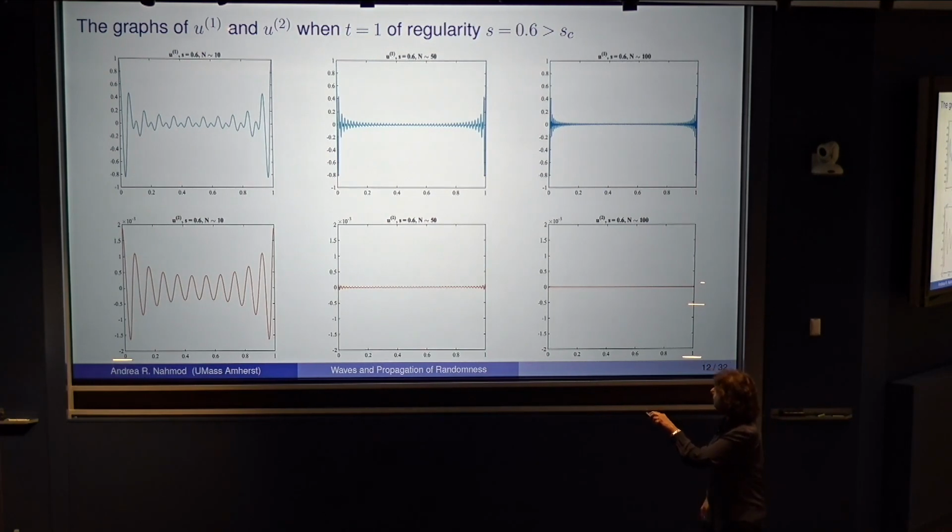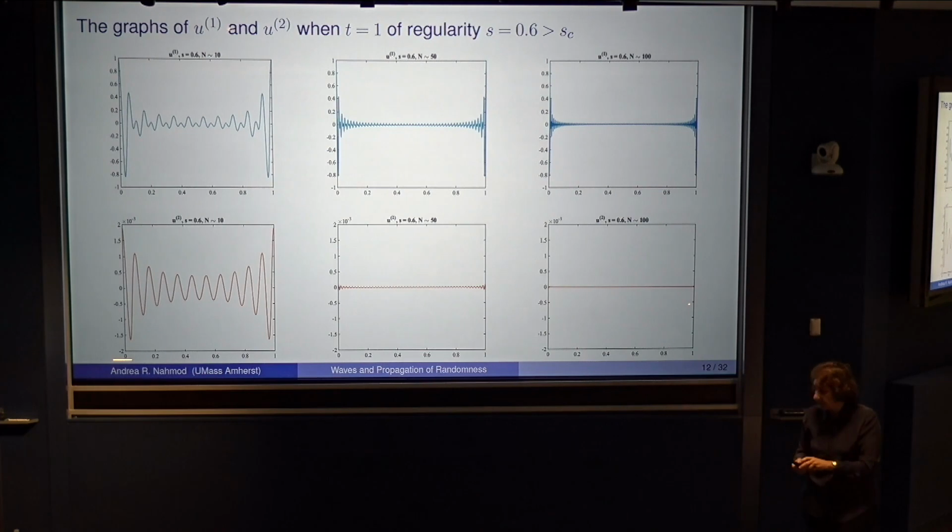And we are looking here at time equals 1, U1 at different frequencies, n equals 10, 50, 100. And then we see what happens at the second iteration, U2. And we see immediately that for higher frequencies, look at the scaling here, this is like 2 to the 10 minus 3. So really, this is a zoom in. What we see is that for large frequencies, this becomes small very quickly. The amplitude becomes small in L2 very quickly and smooths out.